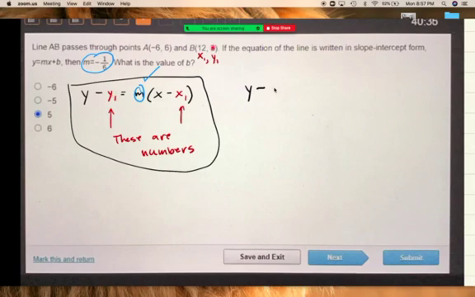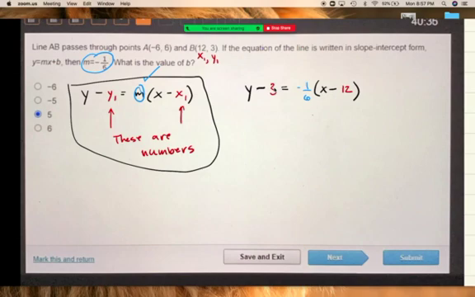That's the 3, because it's the y value of that point. So I'll say y - 3 equals -1/6, because that's just what the slope is. They give it to us. And then parentheses x minus, because that's what this part is. And then x1 is 12, so x - 12.